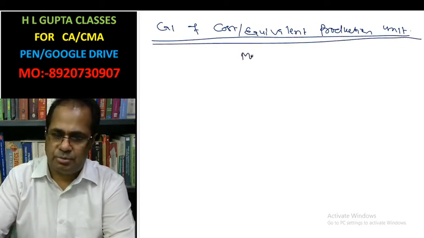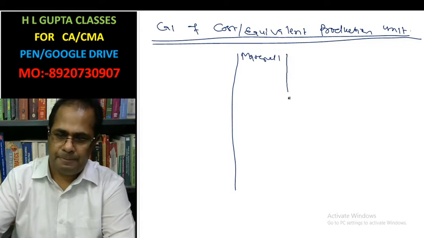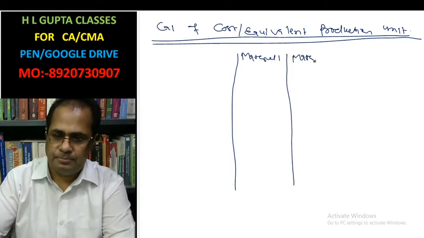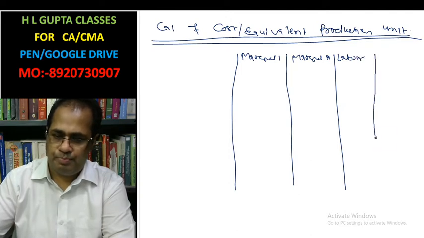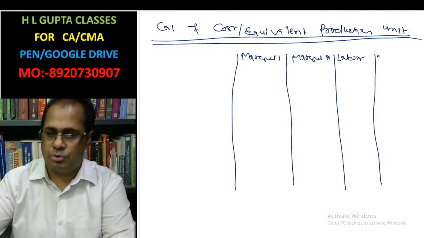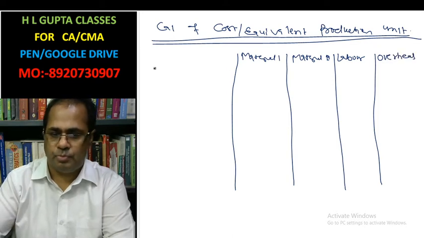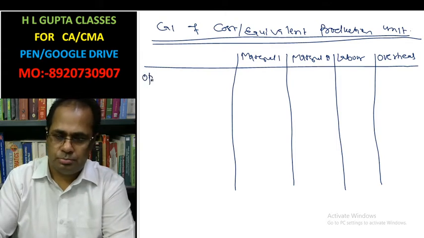In this case, you write material 1, this is material 2nd, labor, this is overheads, opening stock.